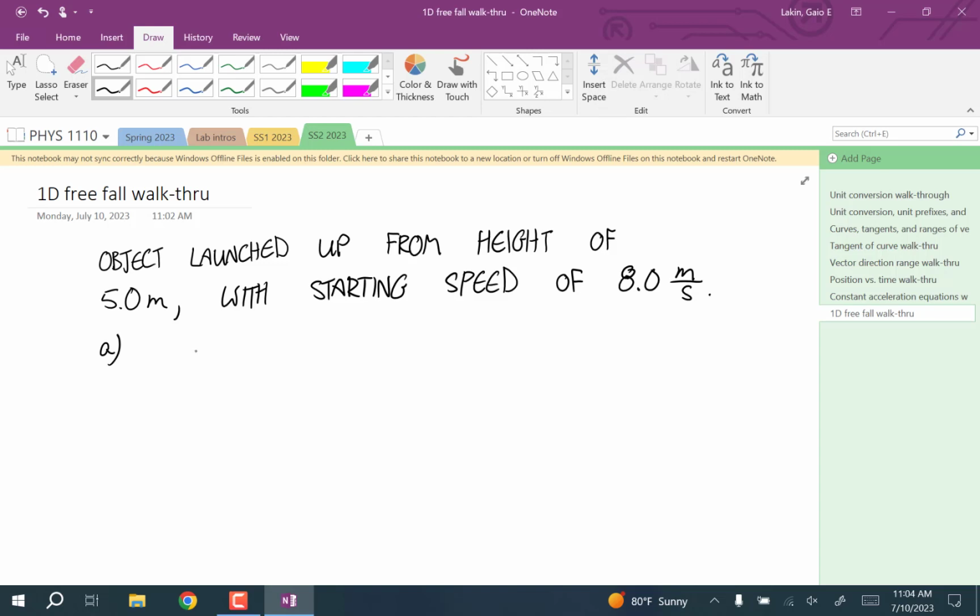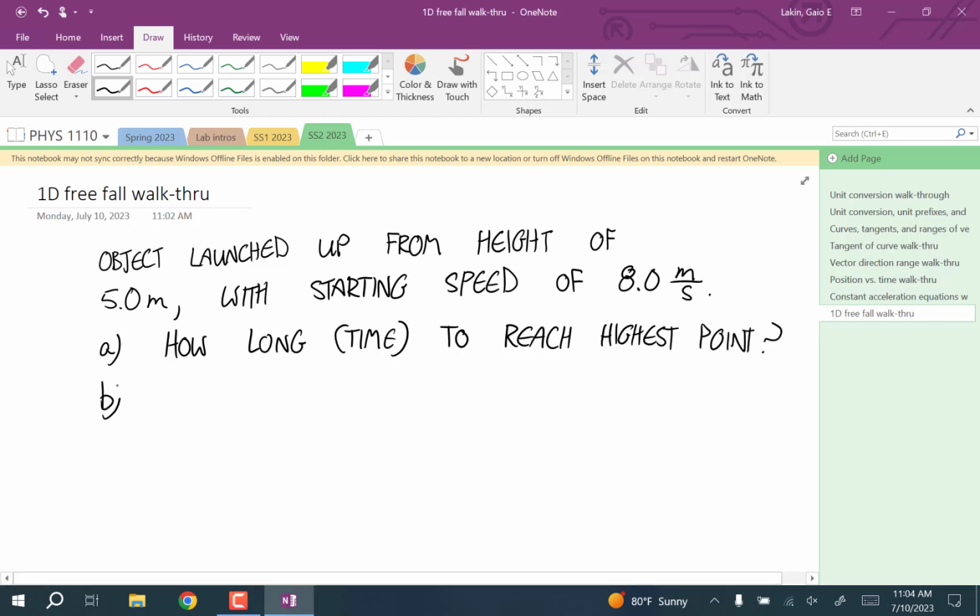And we want to know how long does it take, that's an elapsed time, for the object to reach the highest point in its flight? Second, we want to know how high it is at the highest point.